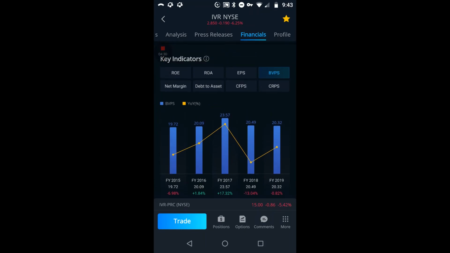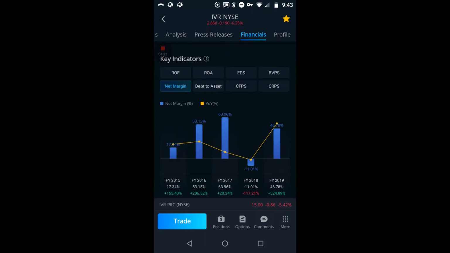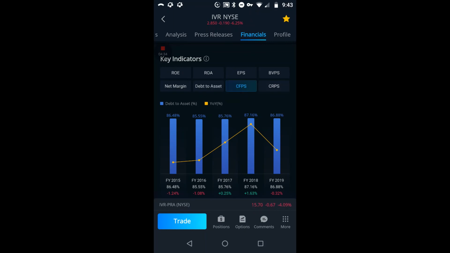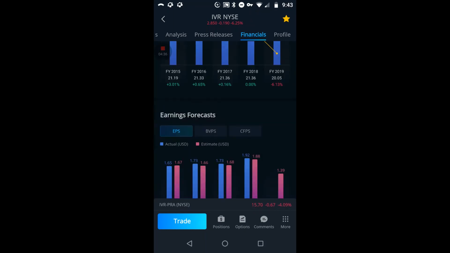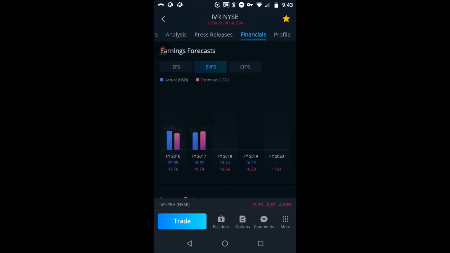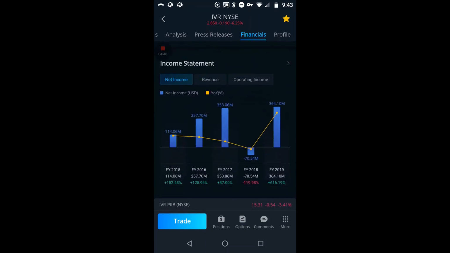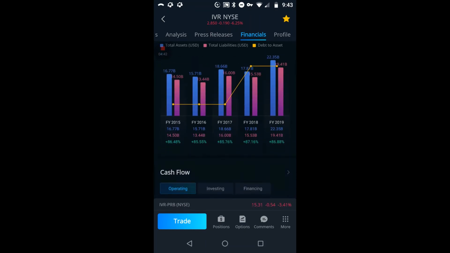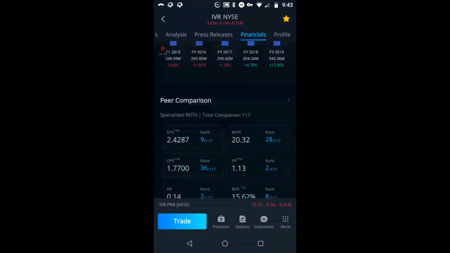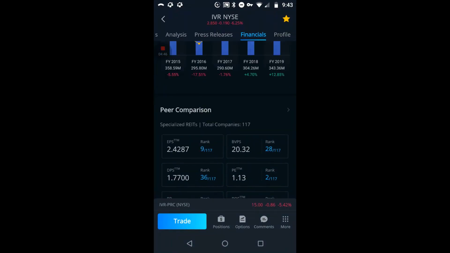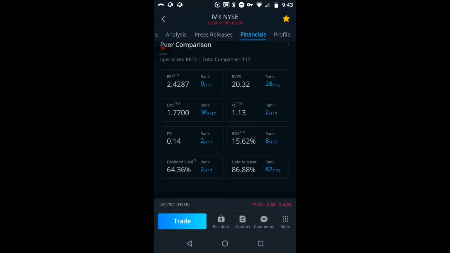Here we go. So we have net margins, we have debt to asset, a whole bunch of information. I find this more and more to be a larger convenience compared to Robinhood, where you have to open and close the app or have a separate browser.